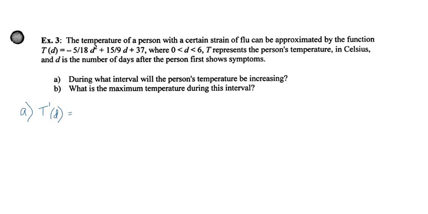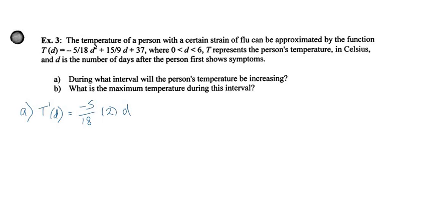So that's going to be negative 5 over 18 times 2 is negative 10 over 18. So actually, I'll show a few of the steps just to help out a bit. We're going to take the derivative of the first term, which is negative 5/18 times 2 times d.